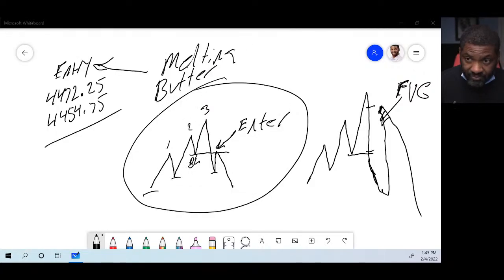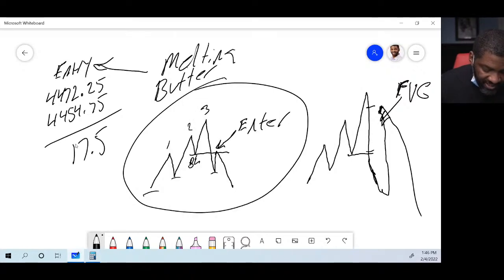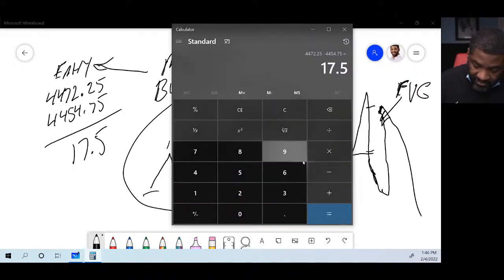Let me pull up a calculator. All right, so 44.72.25 minus 44.54.75 is 17.5 points, 17 and a half points. 17.5 times 4, there are 4 ticks in a point.